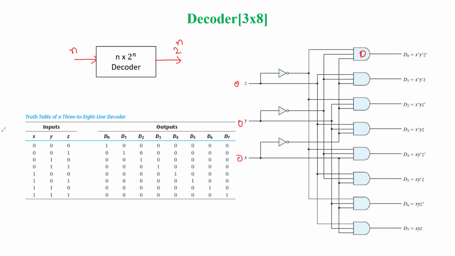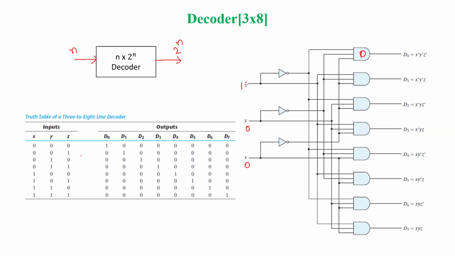Similarly, if you take another combination, it is 0, 0, 1. So X is 0, Y is 0, Z is 1.